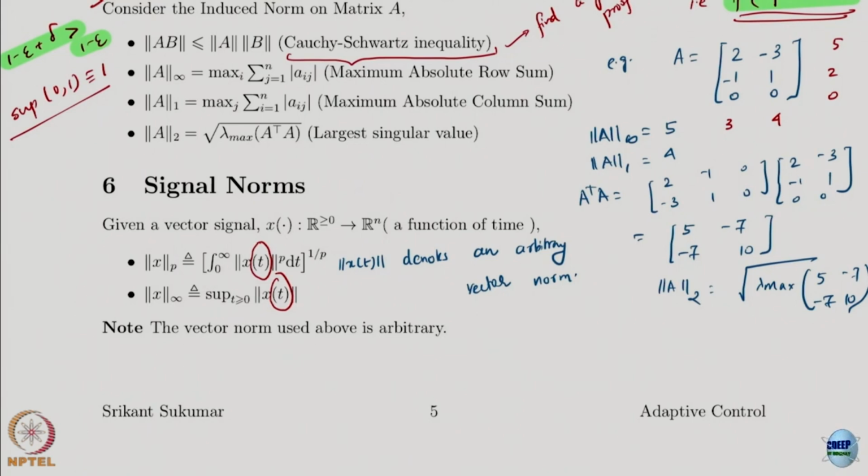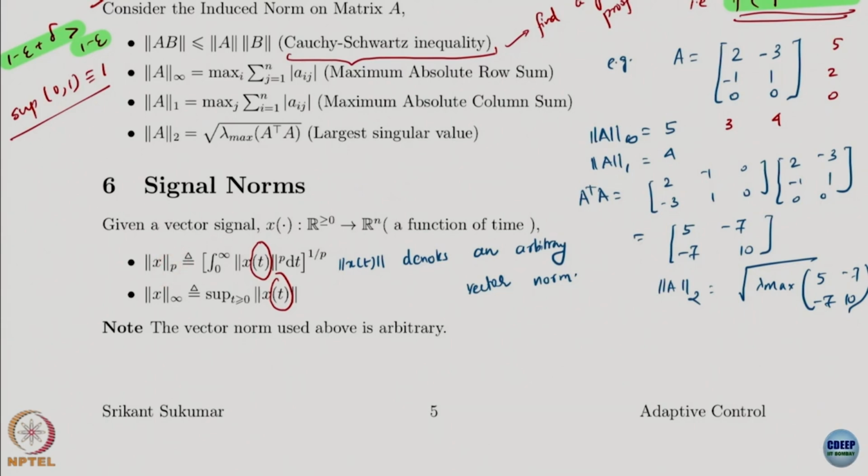Why 0 to infinity? Because time goes from 0 to infinity, and you take any arbitrary vector norm here. This is an arbitrary vector norm, not necessarily the P norm, though you are computing the P signal norm here.